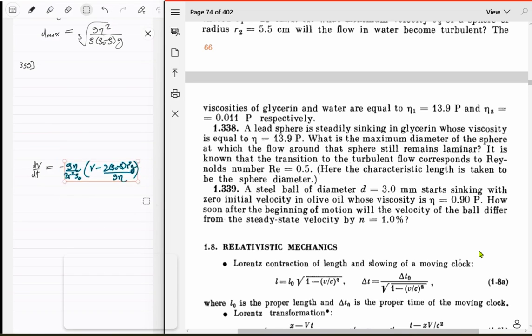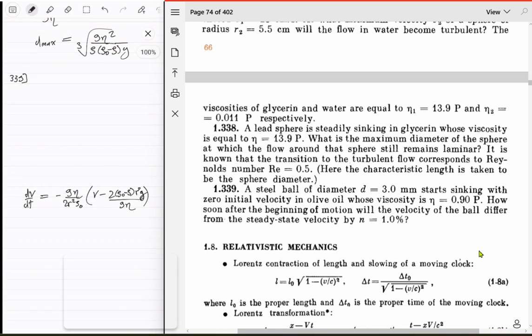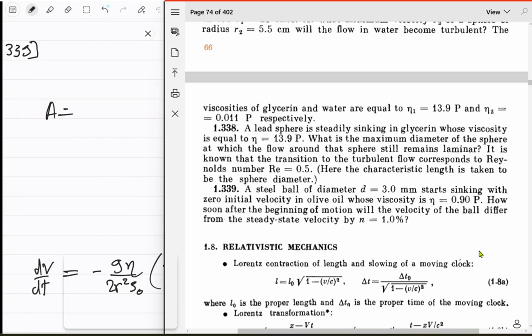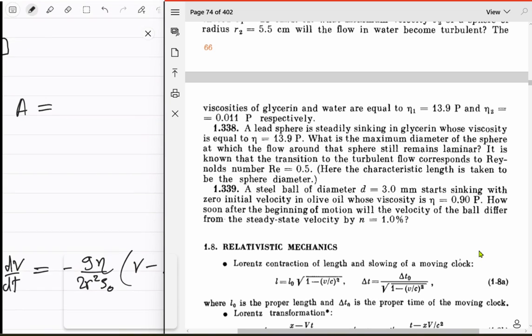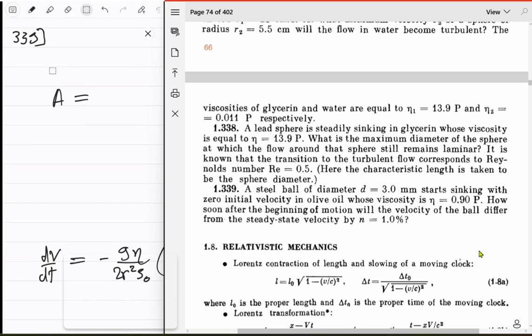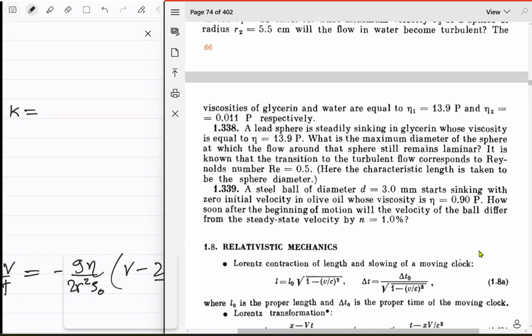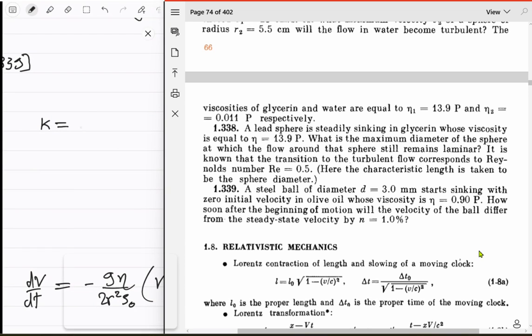Okay. So what we'll do is we'll just say this thing is A. So we'll define, or let's say K, yeah, K is better for this thing. So K is equal to 9 eta upon 2r squared rho naught.